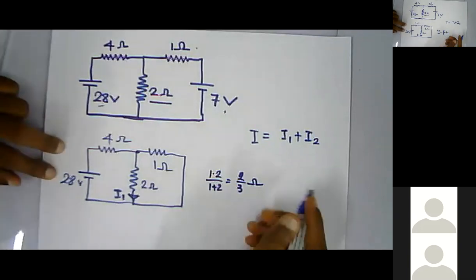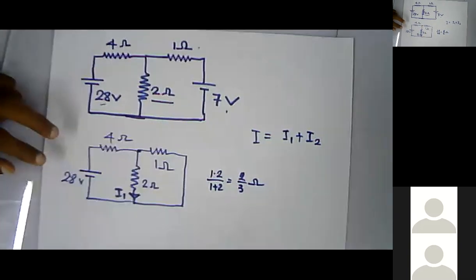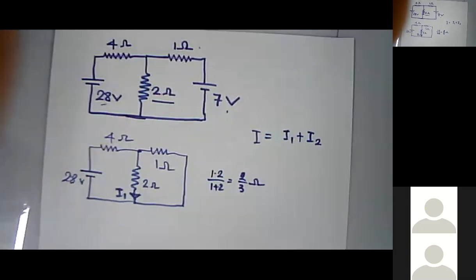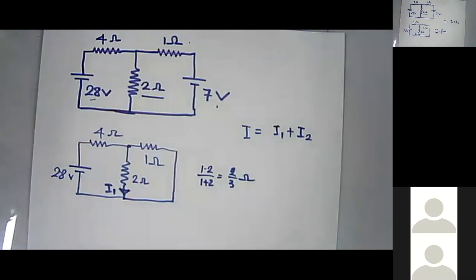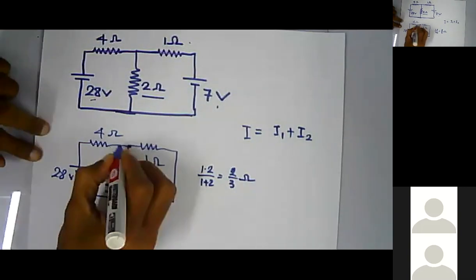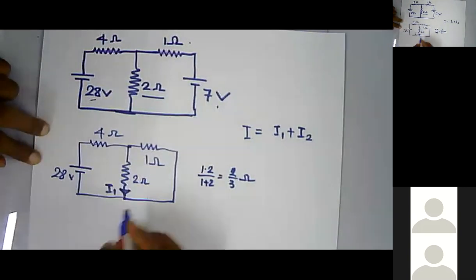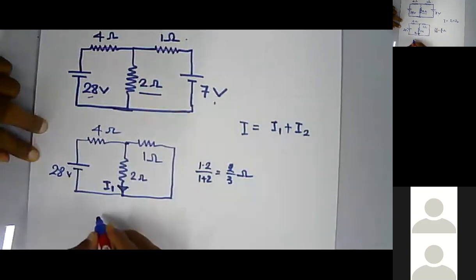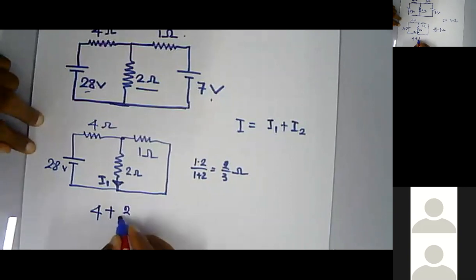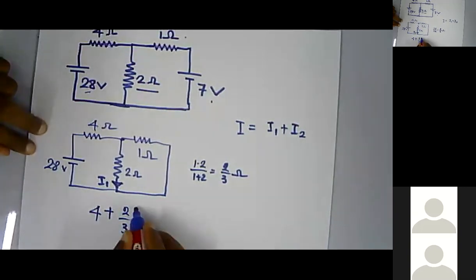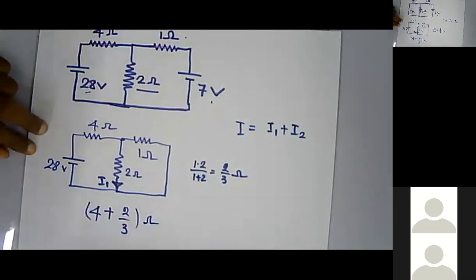Now calculate the current through the whole circuit. The total resistance will be 4 plus 2 over 3 ohms.